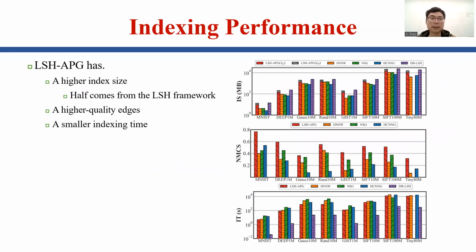As for the indexing performance, LSH-APG has a higher index size because it has an additional LSH framework. However, it also has higher quality edges and a smaller index time. This indicates the LSH framework helps reduce the indexing cost.